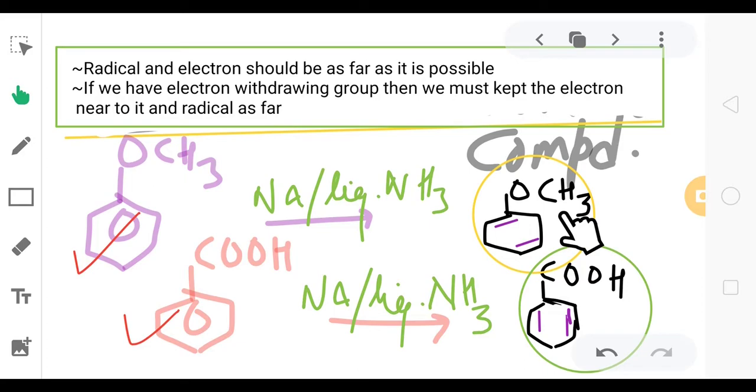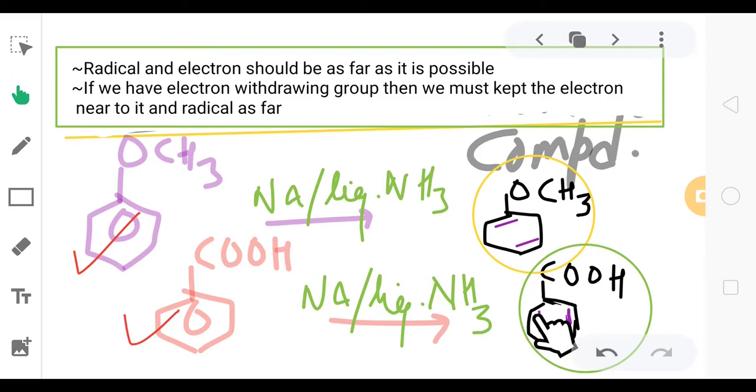In the case of the electron donating group, the first case, the double bond would be very near to the electron donating group. But in the case of the electron withdrawing group, that is COOH, this double bond would be far from the COOH group.